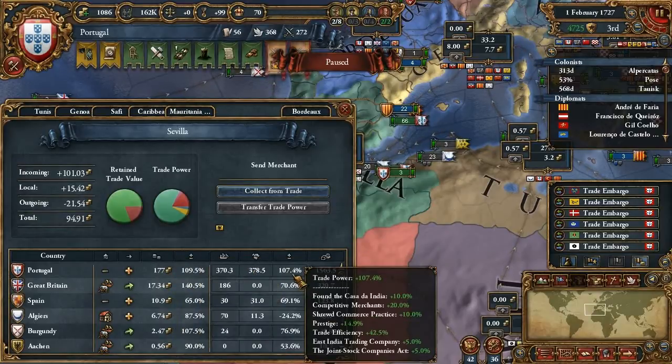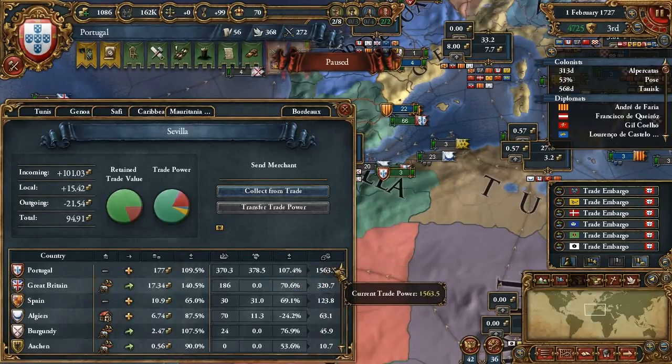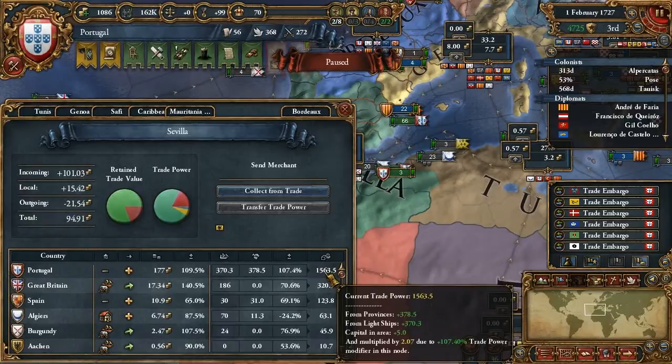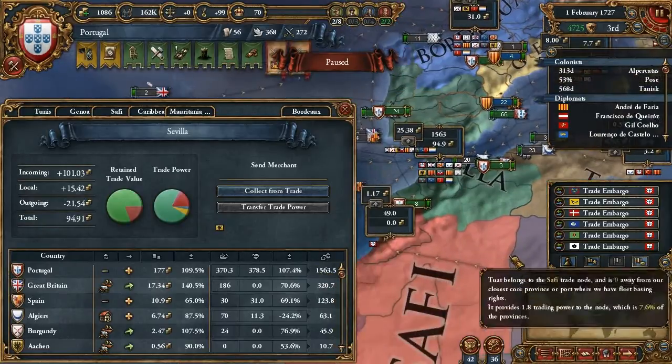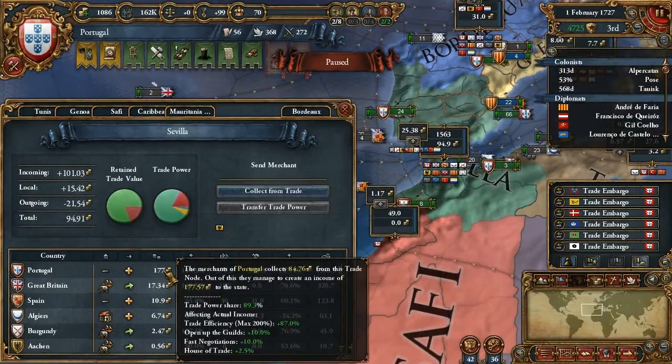I think it says it probably over here. It says it somewhere along the way. But I know capital increases your income by 10%. It should really say somewhere, I'm just not sure where.